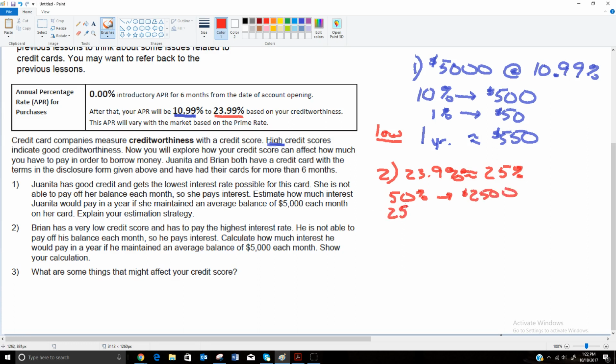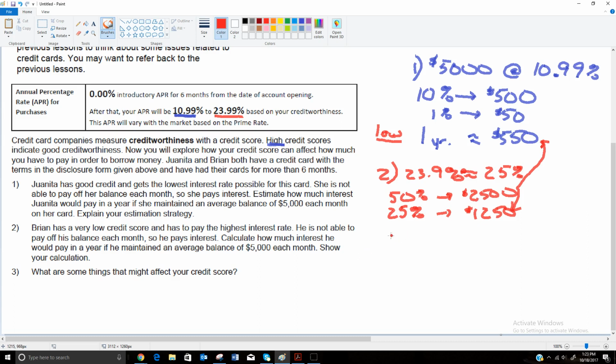And then 25% would be half of that, so that would be $1,250. So I'm going to calculate this exactly, but the biggest thing I want to point out right now is look at how much of a difference that is between what Juanita is paying with her good rate and what Brian is paying with his bad rate. He's paying more than double what she is paying.